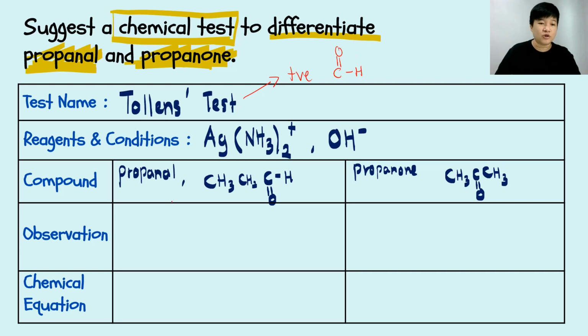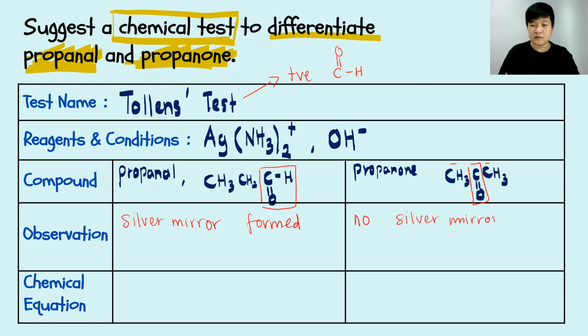Bear that in mind. So which is your aldehyde over here? Your propanal obviously is your aldehyde, because your ketone is between carbon and carbon. So which one will give you a silver mirror? Your propanal will form a silver mirror. Well, for your propanone, there will be no silver mirror formed. Bear that in mind, okay?